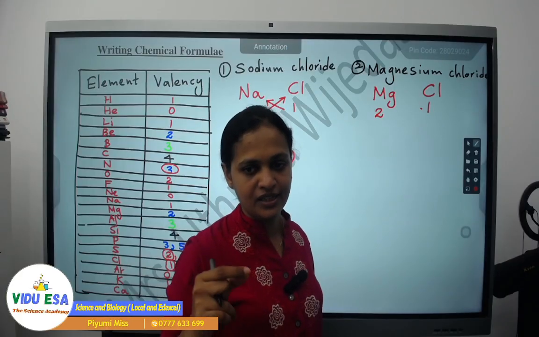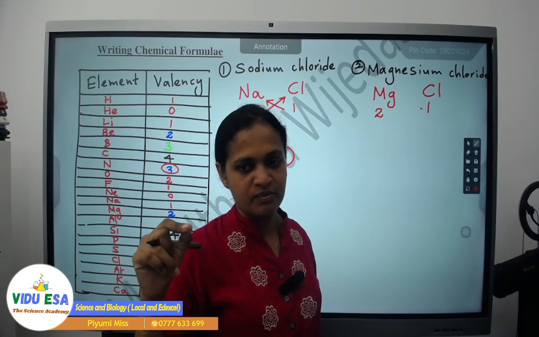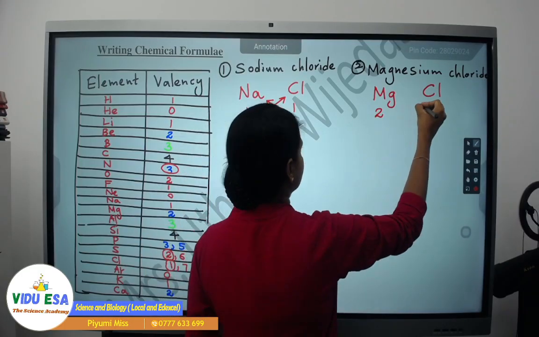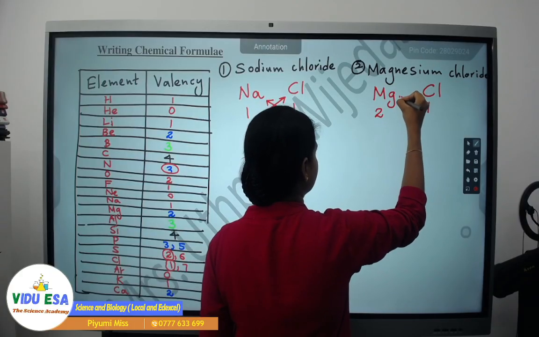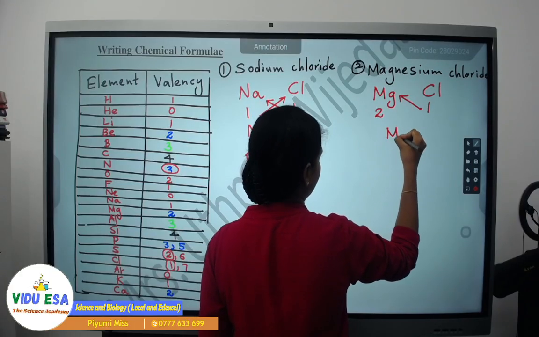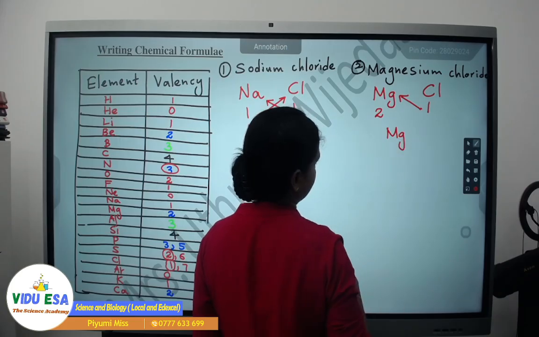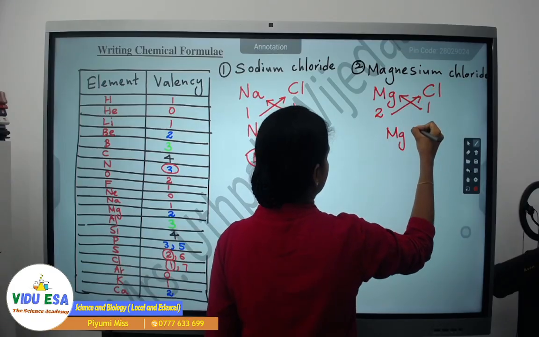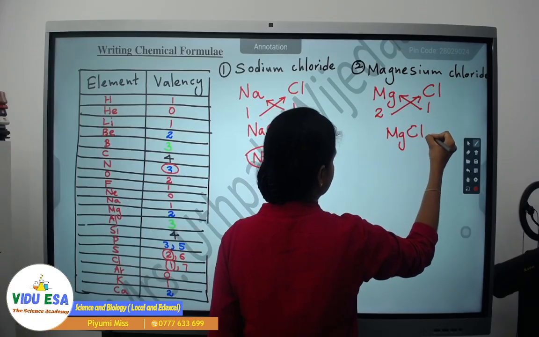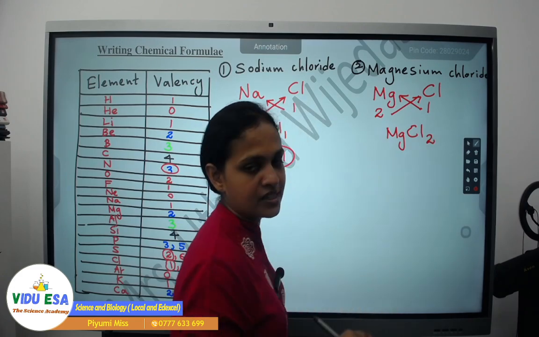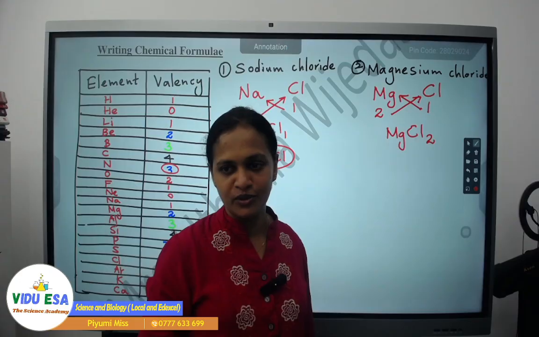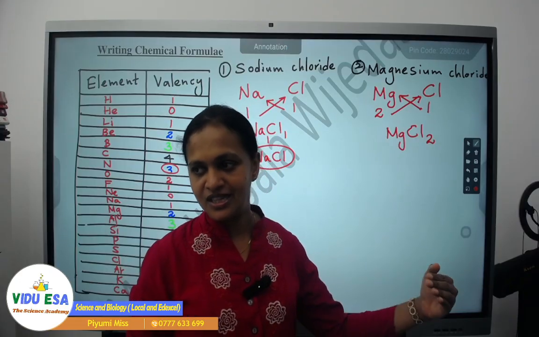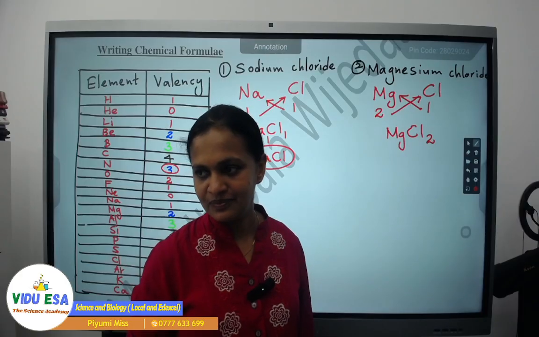We have to write the element which is mentioned in the name first. Magnesium. Therefore, the valency of chlorine is given to magnesium. Since it is 1, we don't need to write it for magnesium. Then this 2 goes to chlorine. So it is Cl2. Therefore, MgCl2 is the formula of magnesium chloride. Did you get that? MgCl2. Right?